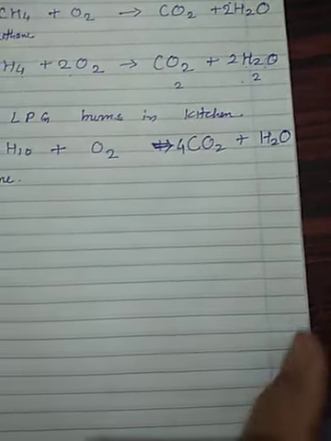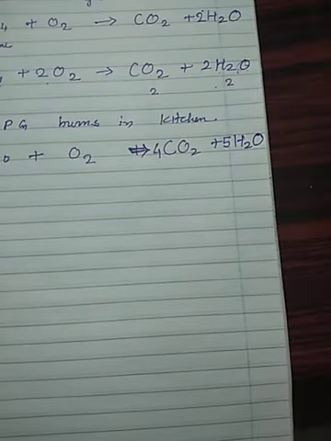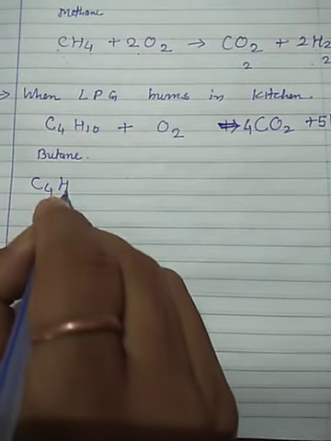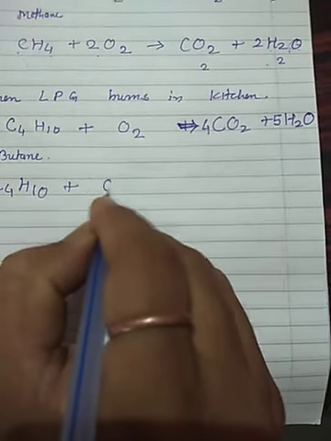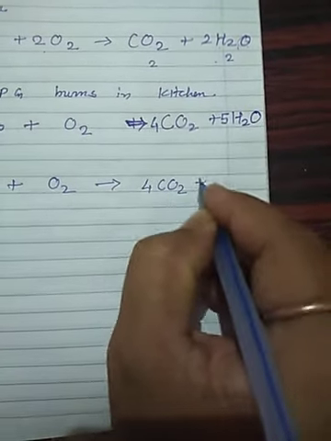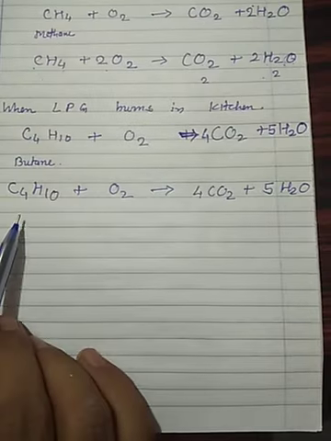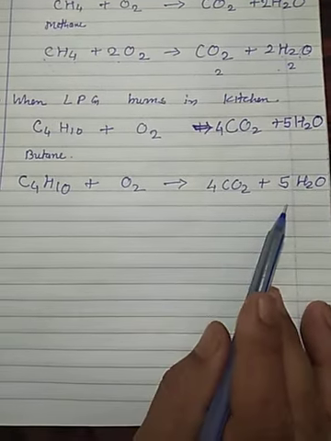So we have to multiply the water molecules by 5. So we got C4H10 plus O2 gives 4CO2 and 5H2O. The maximum atomicity molecule is now balanced.